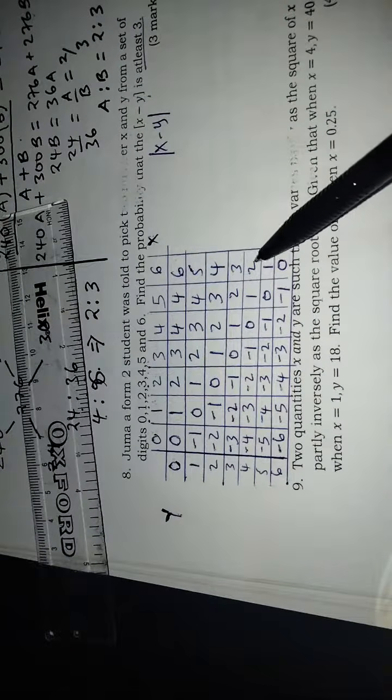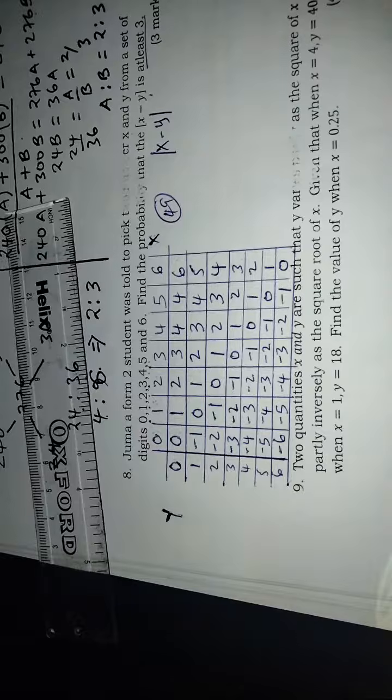Remember, the outcomes are 1, 2, 3, 4, 5, 6, 7 times 1, 2, 3, 4, 5, 6, 7. So the outcomes are a total of 49, 7 by 7. But now we want the cases whereby the absolute difference is at least 3. When we talk of at least 3, we mean 3 and above.